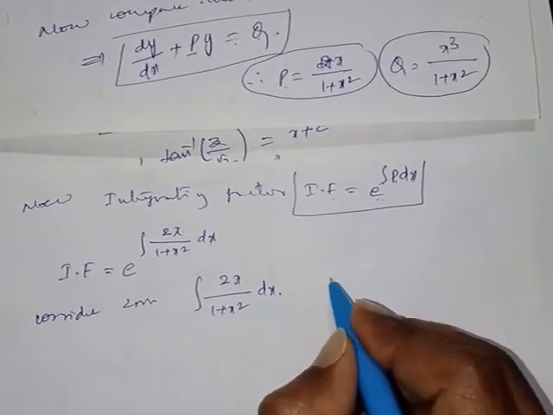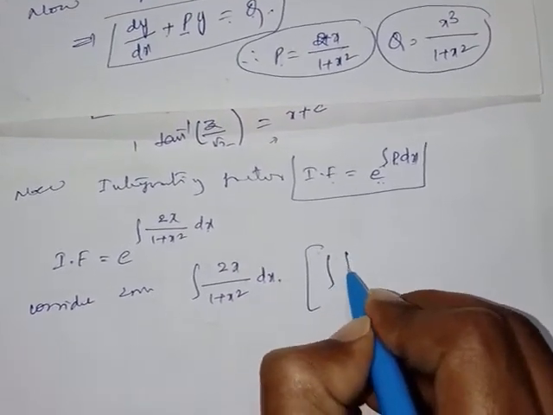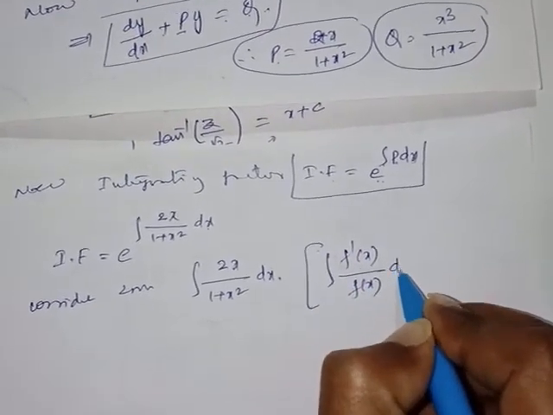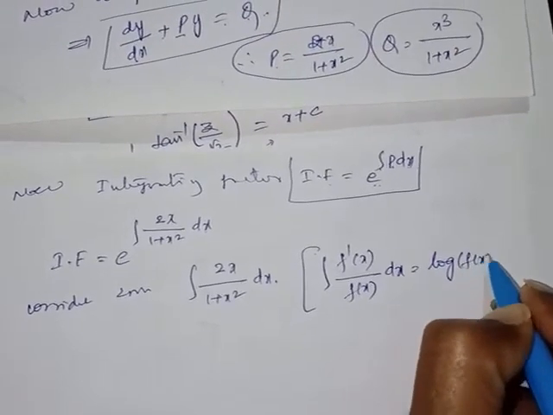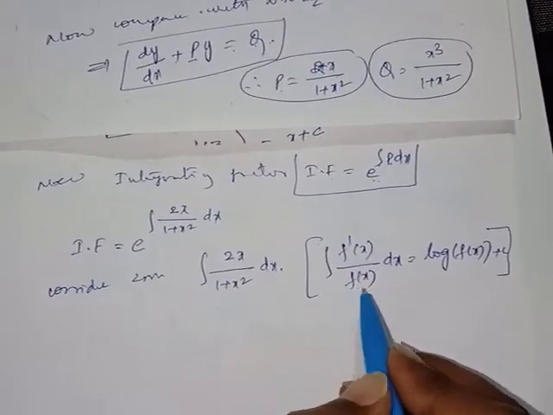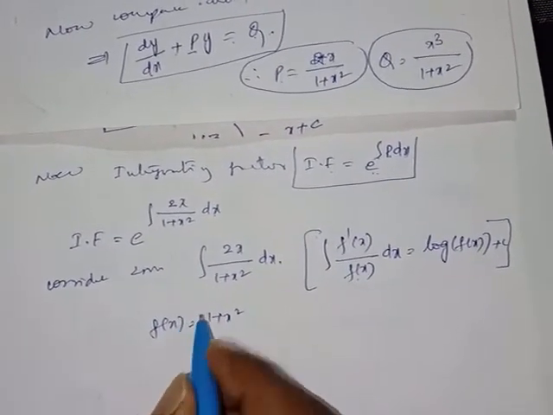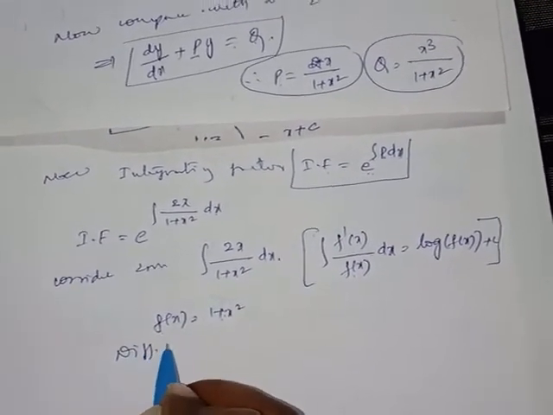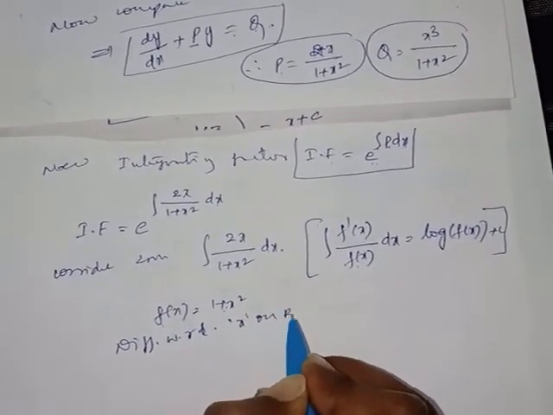Here we have one formula: the integral of f'(x)/f(x) dx = log f(x) + c. The denominator is f(x), that is 1 + x². Now differentiate with respect to x on both sides: d/dx of f(x) equals d/dx of (1 + x²).